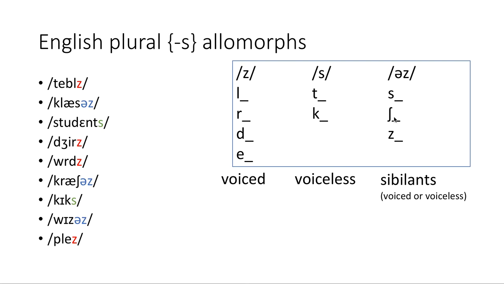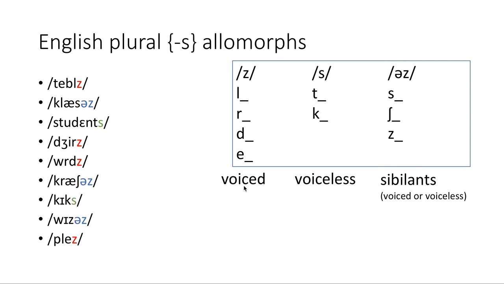So s, sh, z. And if you think about a word, what is the voiced counterpart of this sound? Sh. The voiced counterpart is zh. We didn't have an example of zh up here in our words, but if you think of a word that ends in zh, you will discover that it also has this z allomorph. So garage, garages, right?